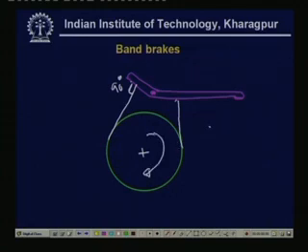Then of course, in order to apply the brake we have to have T1 greater than T2, if T1 is the tension appearing in the taut side and T2 is the tension appearing in the slack side. Then we have to apply a force over here; this is the fulcrum hinge.